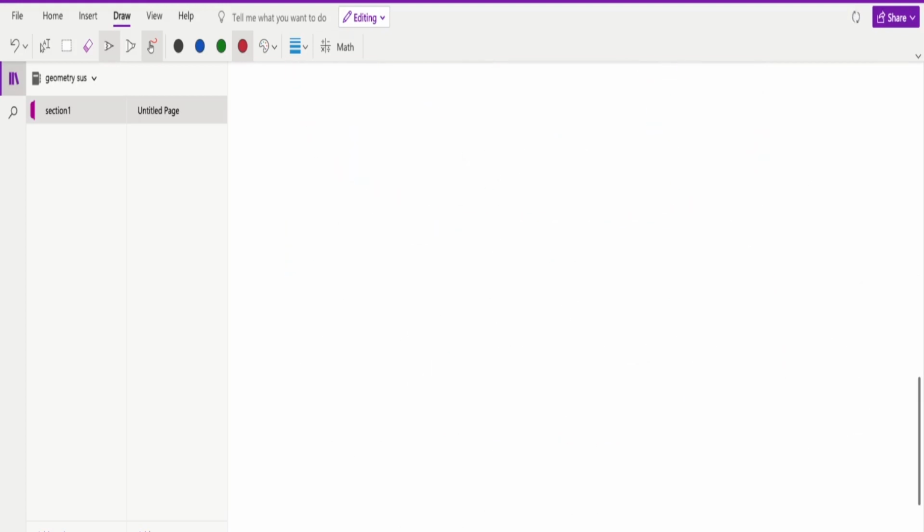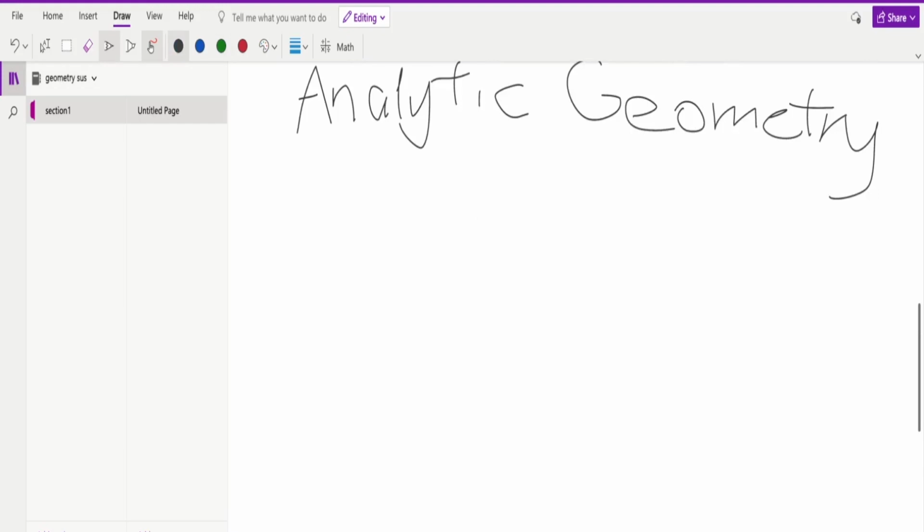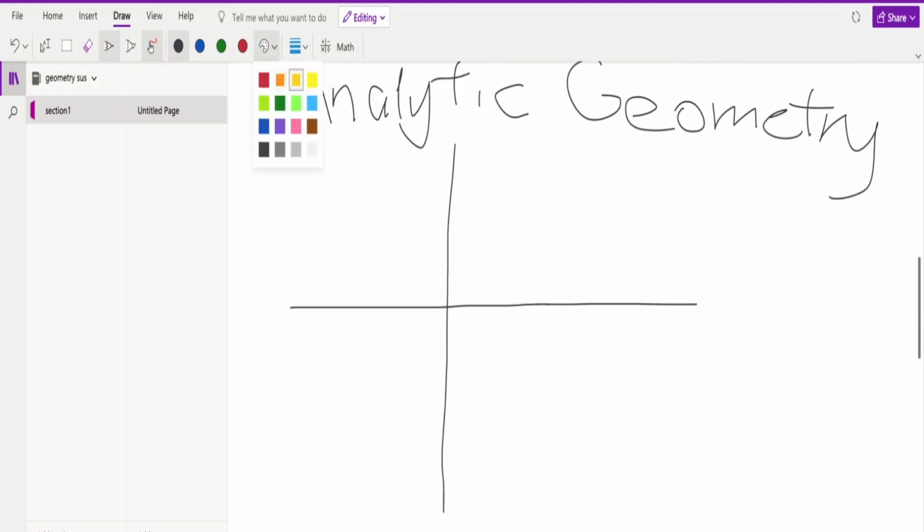So before we get started with solving this problem, we need to know a couple of things. The first thing is finding the intersection between two lines on a coordinate plane. So let's say I have my coordinate plane right here, and I have line y equals x, so that looks a little bit like this.